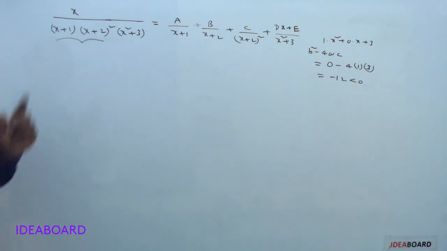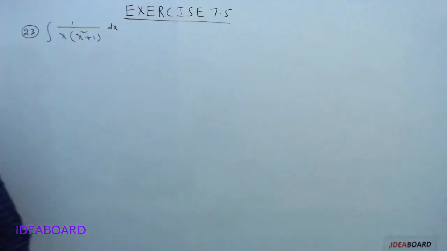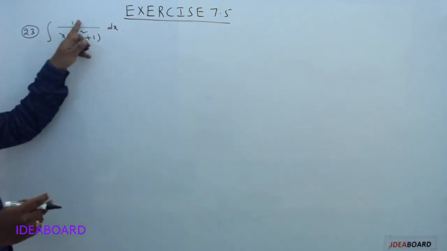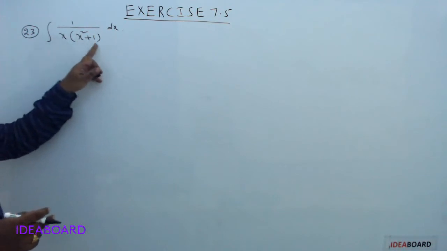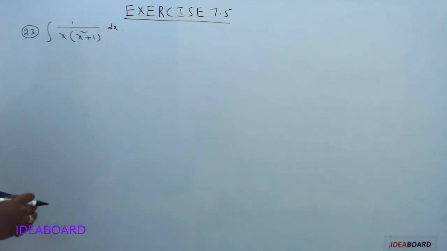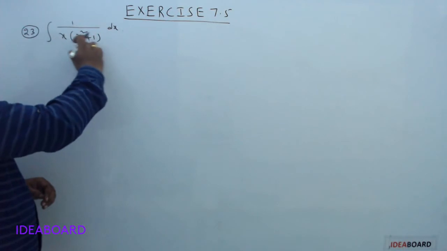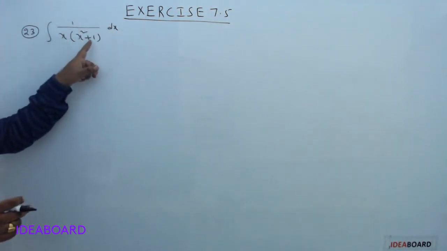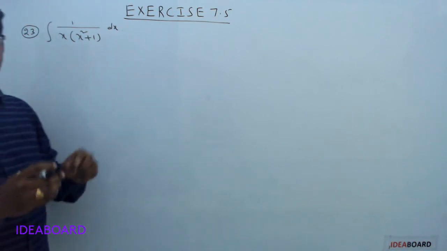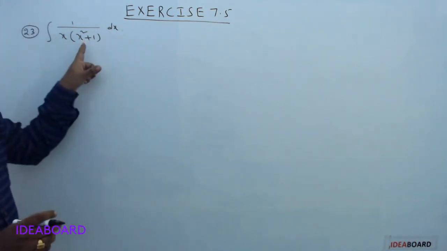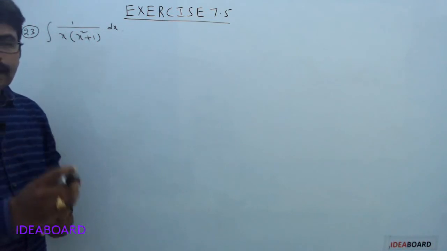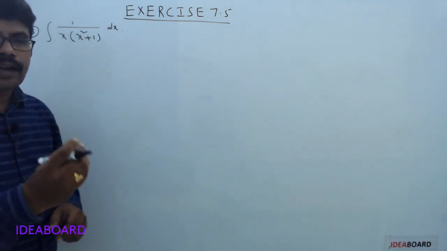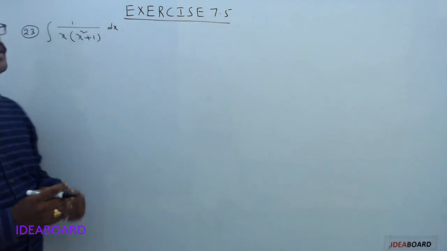Now see an example on this model. Now see the given problem: integral 1 divided by x into (x square plus 1) dx. Now if you observe this integrand, first you have to verify whether it is related to type 1 or type 2 or type 3.